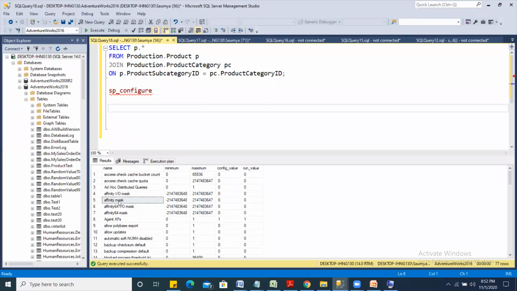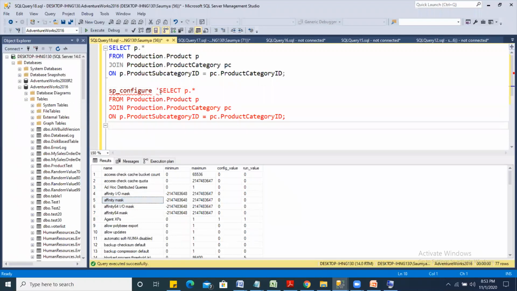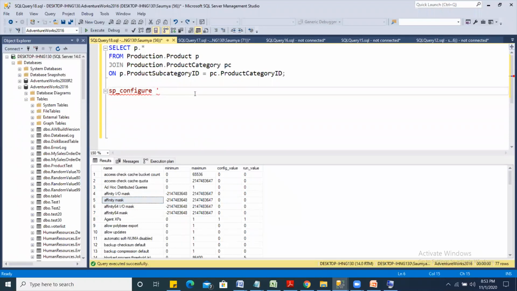Use sp_configure with affinity mask, and then you will have to specify your affinity mask value. So for 3 processors, what should my value be?